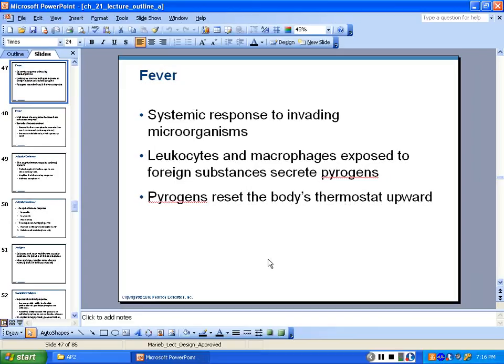It does a couple other things, too. What you need to understand is this. White blood cells secrete chemicals called pyrogens that reset your body's thermostat, the hypothalamus, however we want to say that, and raise the body temperature. Those chemicals are called pyrogens.